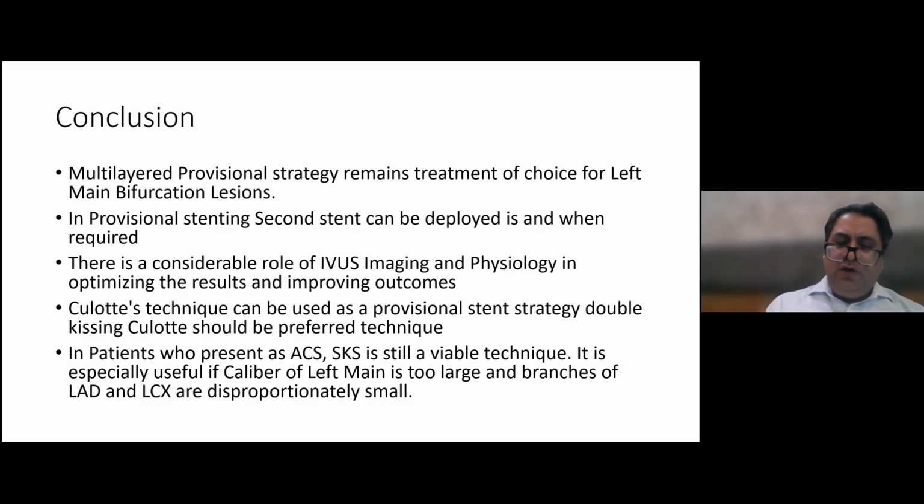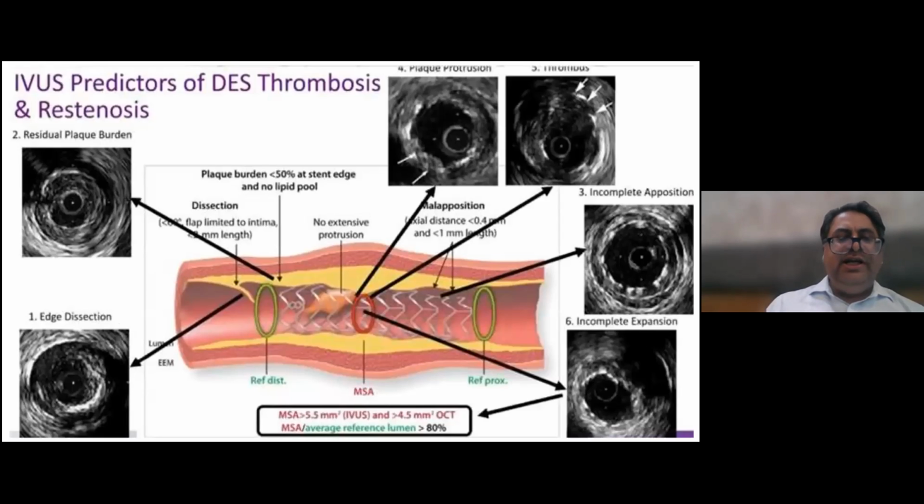It is especially useful if the caliber of the left main is too large and the branches of LAD and LCX are disproportionately small. So, what do we see with IVUS in these patients? When we do an IVUS for optimizing angioplasty post PCI, we look for any edge dissection, as you can see in our number 1 IVUS picture.